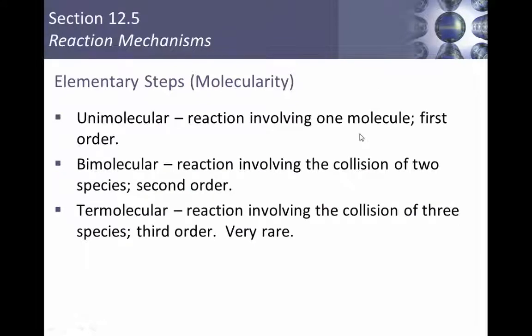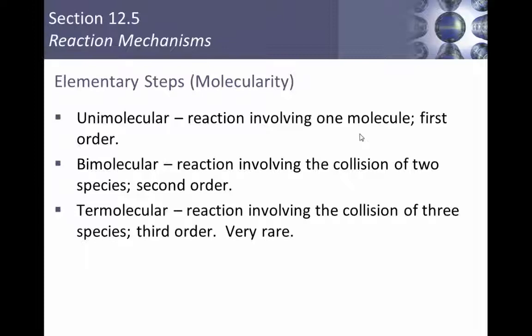The steps are categorized based on how many substances are colliding. If only one molecule is involved, we call that a unimolecular elementary step, and it's basically a rate law of first order. If we have a collision of two substances, then we have a bimolecular elementary step, and it's a rate law of second order.